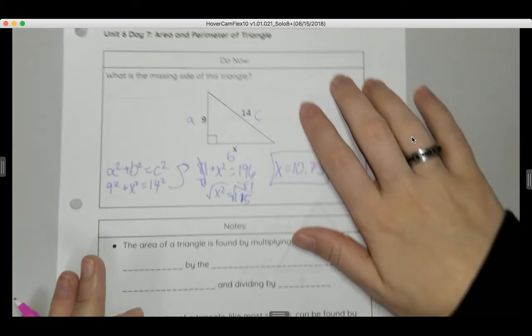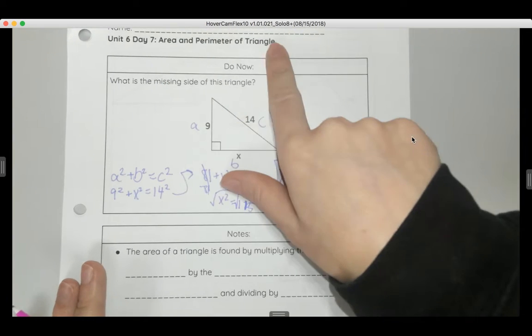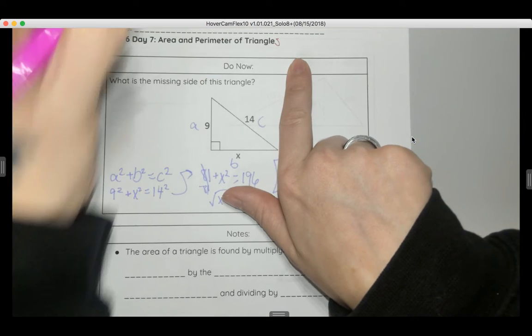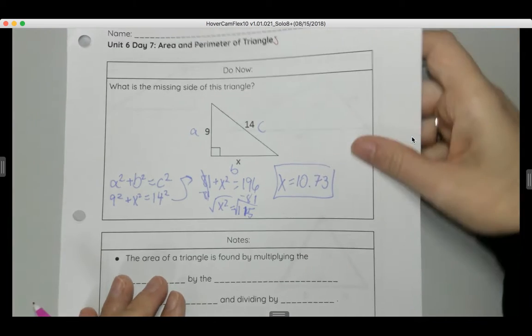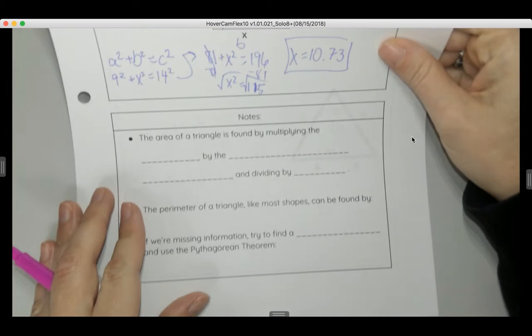Okay, today we're on to triangles. I don't know if anyone noticed up here, it should say triangles because we're looking at more than one triangle. Anyway, so down to our notes.